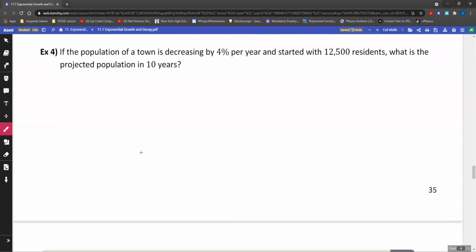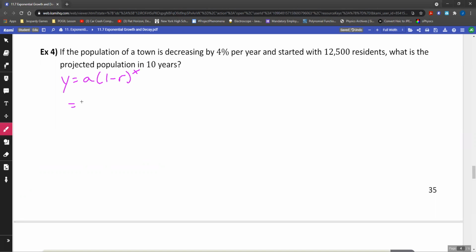Let's see. I think this should be the last one that we go over. So here they tell us that the population is decreasing. Actually, there's one more after this. The population is decreasing by 4%. So I use the decay equation.